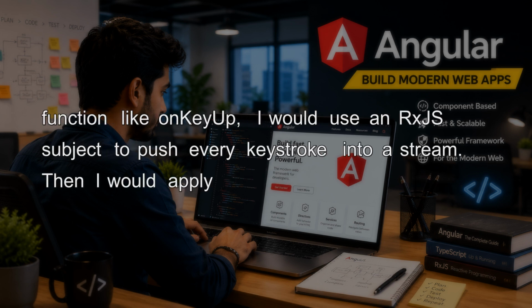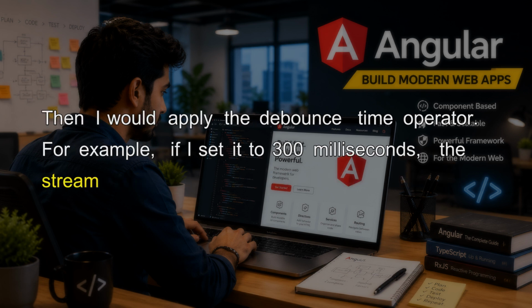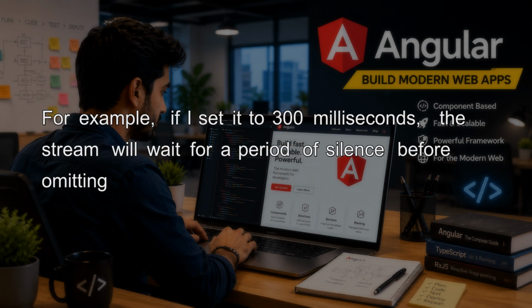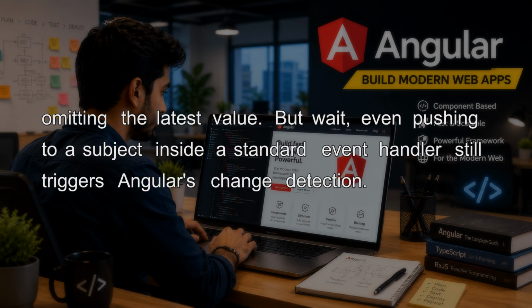Then I would apply the debounce time operator. For example, if I set it to 300 milliseconds, the stream will wait for a period of silence before emitting the latest value.